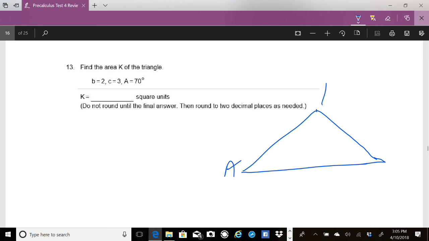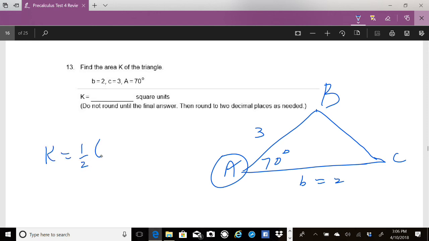This is A, B, C. We're given that B is 2, C is 3, and A is 70 degrees. So we do have 2 sides and the included angle. So the area is equal to 1/2 times 3 times 2 times sine of 70 degrees, which equals 2.82.